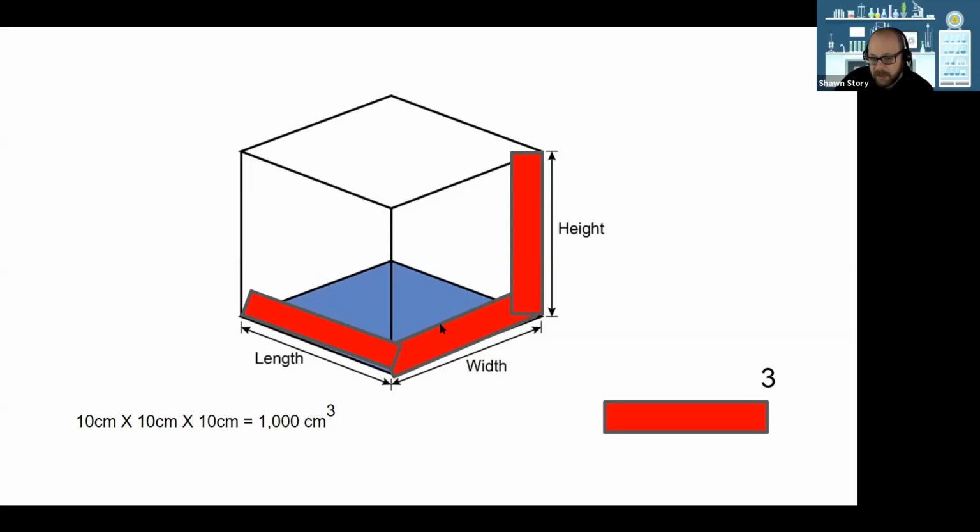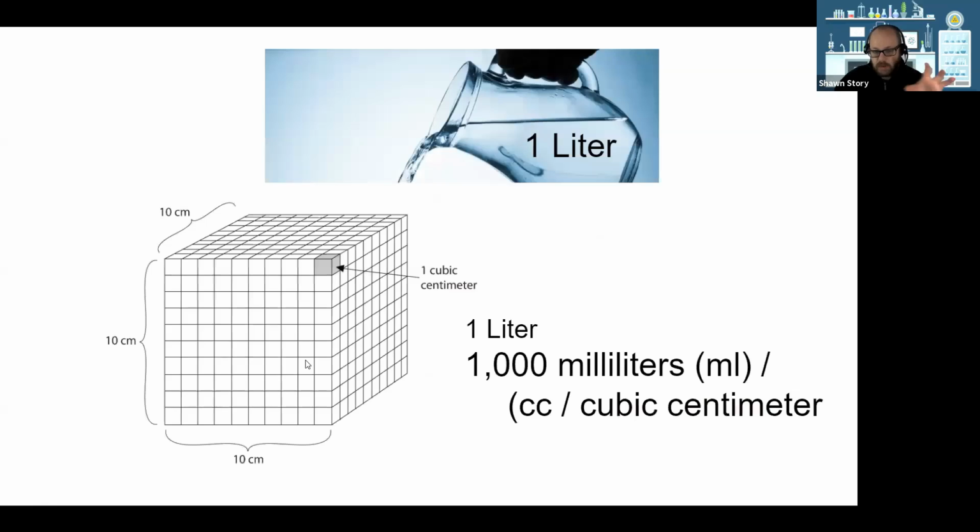Here, I made a perfect cube. I have 10 centimeters by 10 centimeters by 10 centimeters, which is 1,000 cubic centimeters, right? There'd be 1,000 of those little cubes.